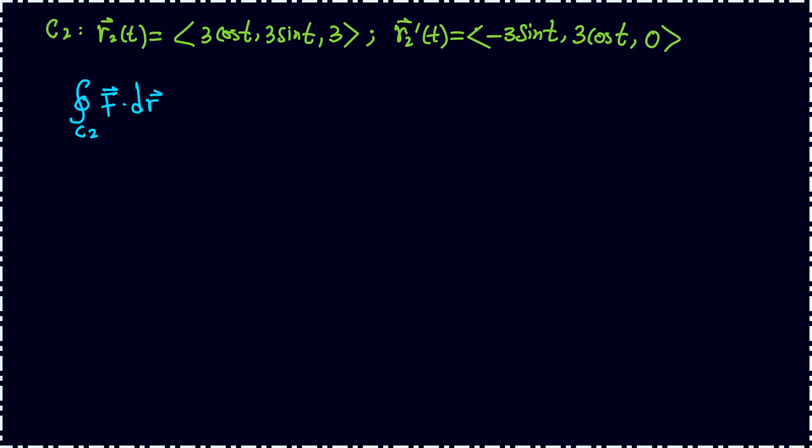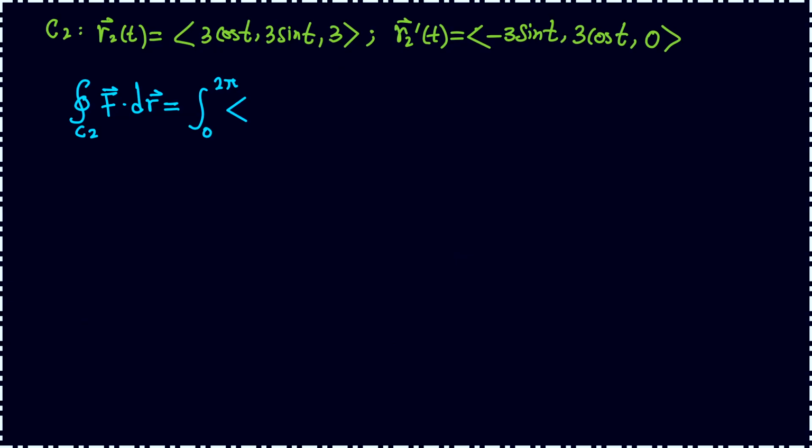Okay, so again, compose R into the vector field, that's x, y, z. You get the integral from 0 to 2 pi. All right, so again, the vector field i hat component is y, z.